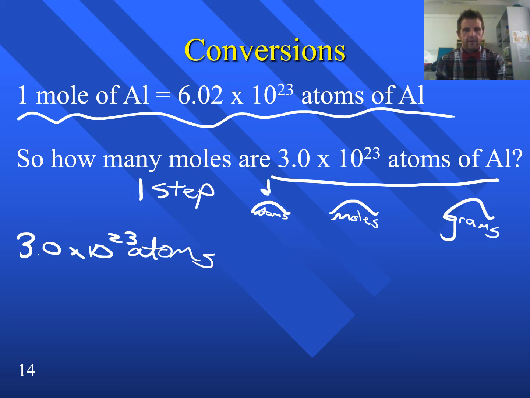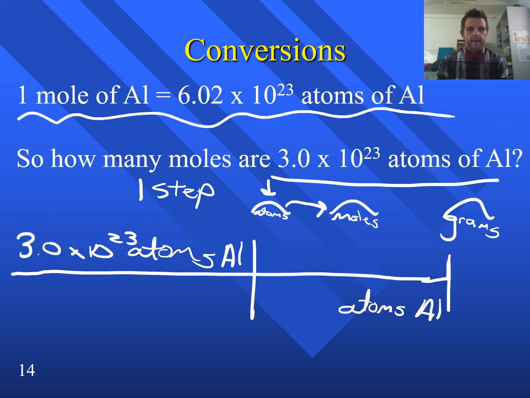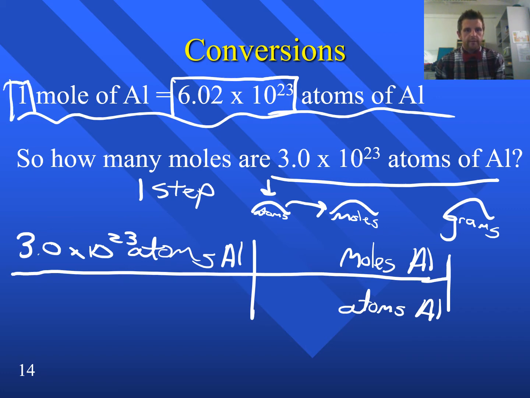Since I'm on atoms and I want to get over here, I only need to change islands one time. Atoms, Al, got that. Take my unit, drop it down, so atoms of Al will go there. And I want to switch it to moles of aluminum, and I'm going to just take my numbers and put them in the correct corresponding spots.